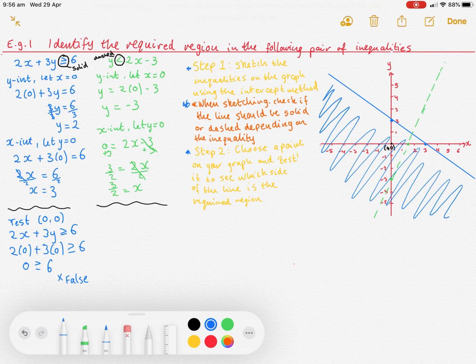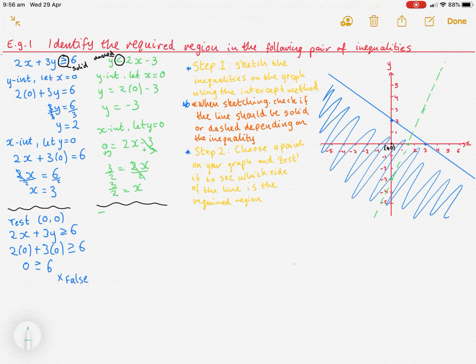Now let's go to the green. We're going to test 0, 0. Our inequality is y is less than 2x minus 3. Sub in our point, so 0 less than 2 times 0 minus 3. 2 times 0 is 0, minus 3.